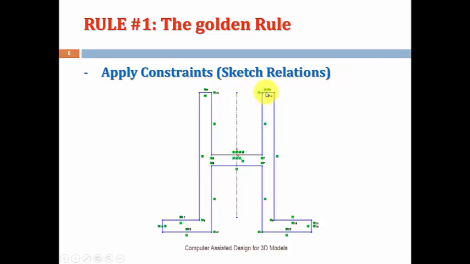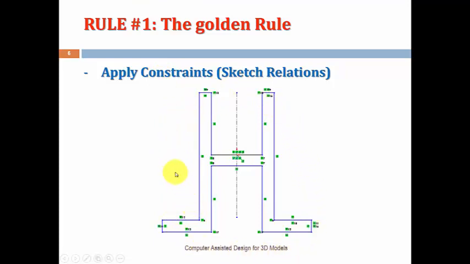So we apply the sketch relations, and we're going to have a separate video lesson about sketch relations. We have about 16 sketch relations, and we will learn how to apply these constraints in order to control the geometry of our model.